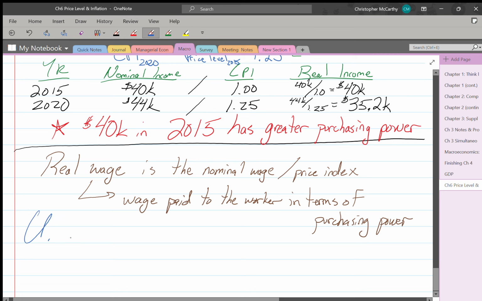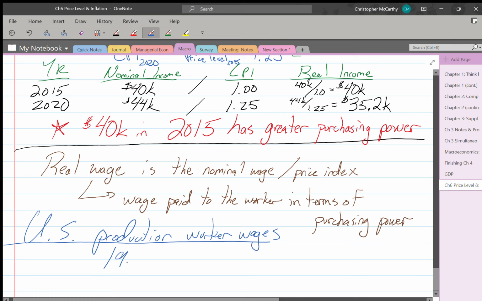So U.S. production worker wages. We're going to use 1982 to 84 as the base year. So sometimes it's not 1 year, but it's a few years that they average out.